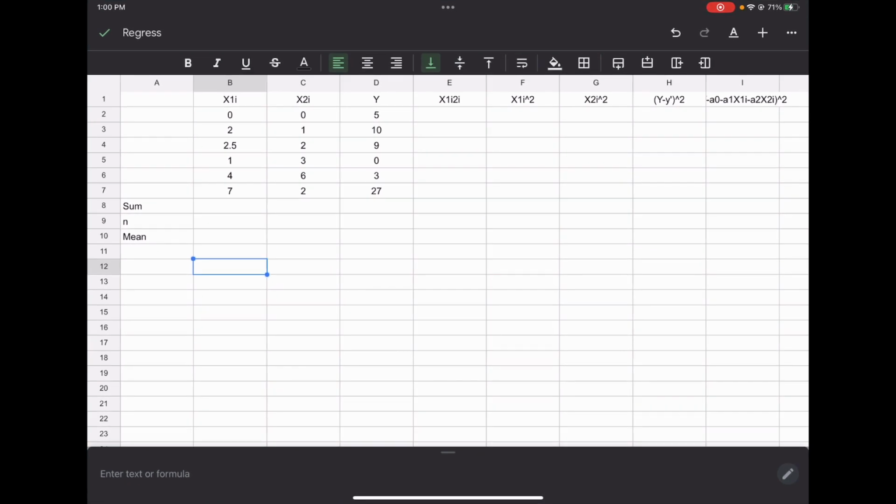I already have the x sub 1. So we have the x sub 1i, x sub 2i, and y. I need to find the product of x sub 1i and x sub 2i, then the square of x sub 1i and the square of x sub 2i.